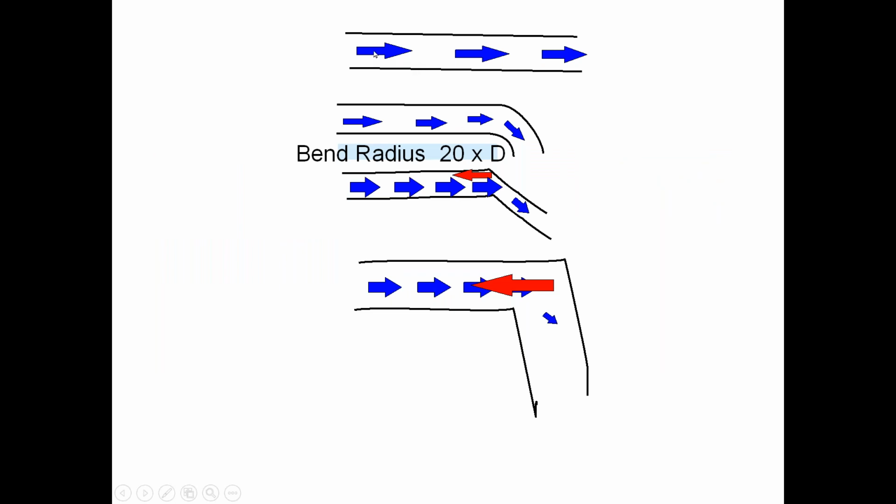Now, RF in the coaxial cable loves to go straight, and the same thing applies to the ladder line. It doesn't love to make bends, but it's okay with that. There's what's called the bend radius. A bend radius is generally 20 times the diameter of a wire.